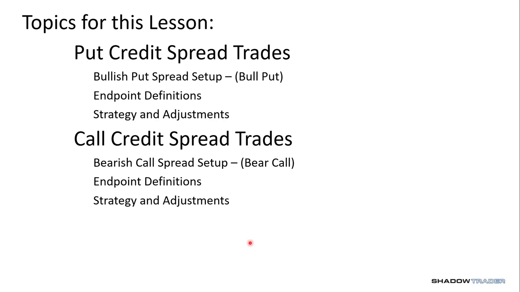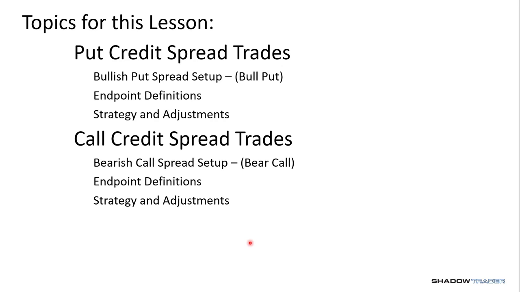Today's topics: we're going to talk about the put credit spread trades as well as the call credit trades. We're going to talk about what's called a bullish put spread. Some people call it a bull put, but it is a vertical put trade.